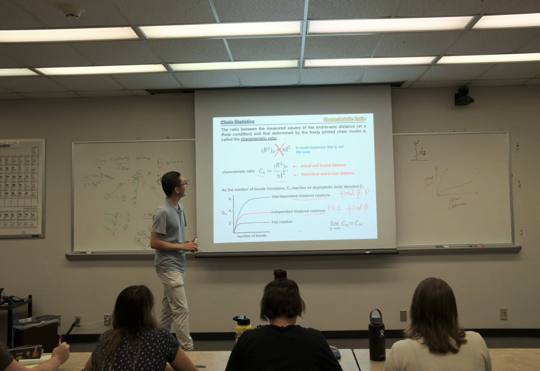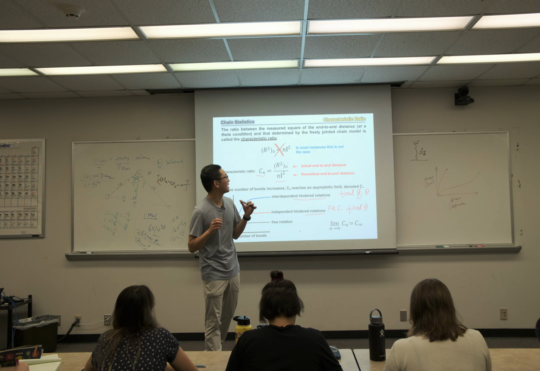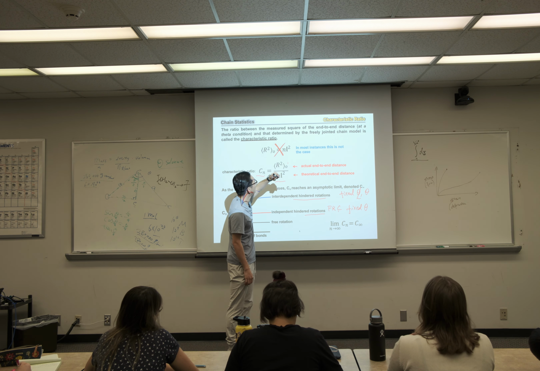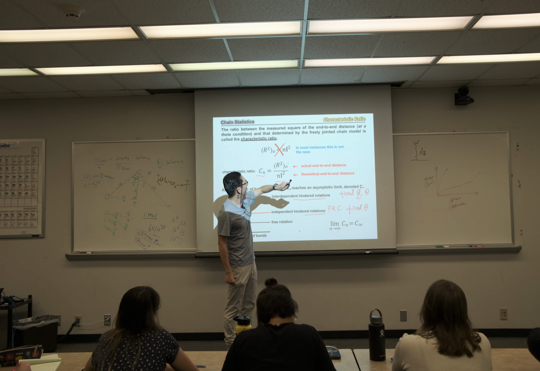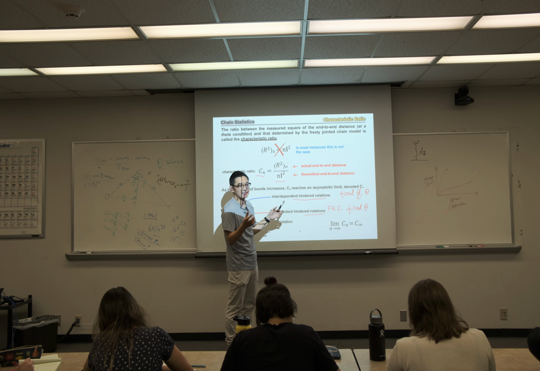All right. So, for the freely joined chain model, we know the end-to-end distance R squared equals NL squared. But for the other two models, it's not. Typically, it's bigger than NL squared.